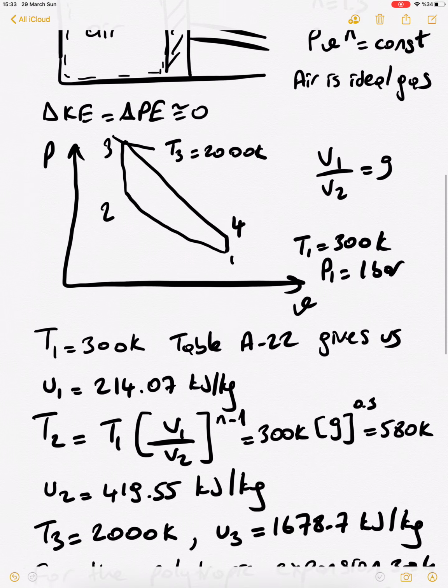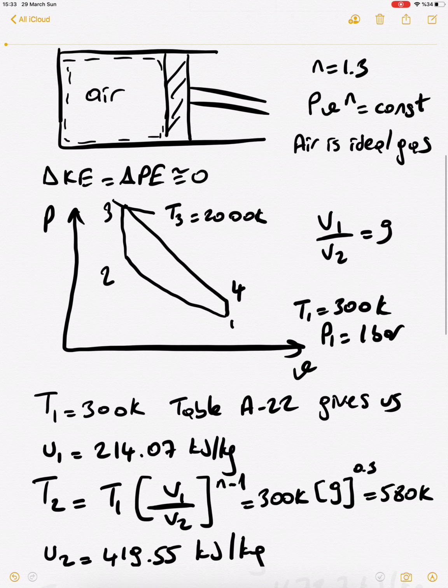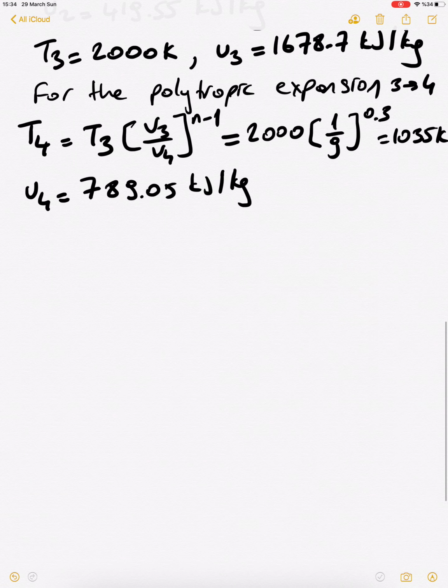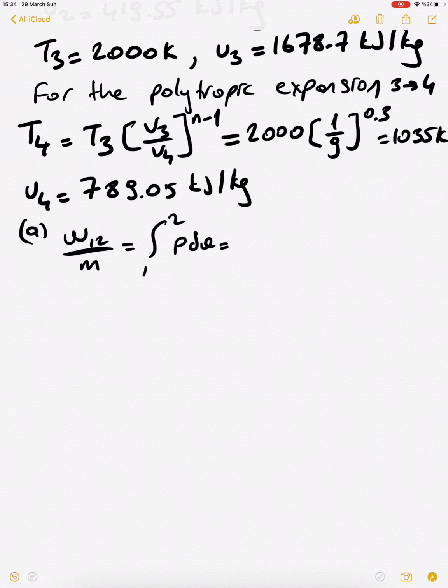For 1 to 2 we have both work and heat, but 2 to 3 we don't have any work, 3 to 4 we have heat and work, but 4 to 1 we have only heat rejection. So for the first part, let's start with work 1 to 2 per unit mass, which is the integral of P dV from 1 to 2, and this is equal to R times T2 minus T1 over 1 minus n.